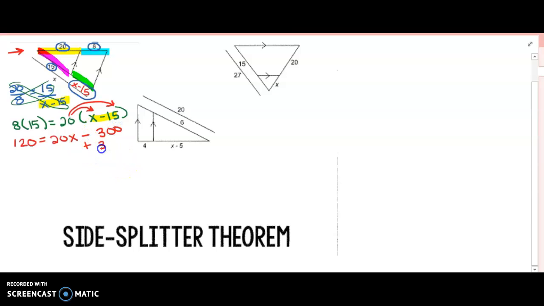Then it's algebra, so add 300 to both sides. So 420 equals 20x, divide by 20, divide by 20, I get x equals 21. Okay, so I encourage you to go through and do these two on your own, and then we will go over them.